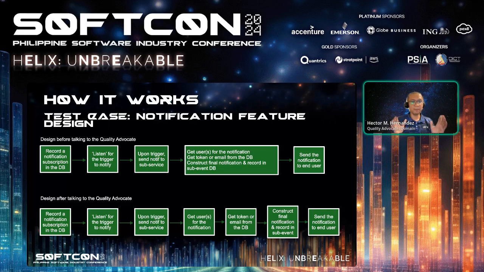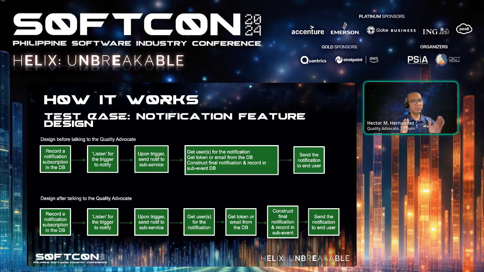So this is a property buy and sell application. And any user can subscribe to a property if they're interested in their property and they want to know if it gets sold or rented out or changes owner anytime. So they subscribe to that property. So this is the notification feature design for that flow.